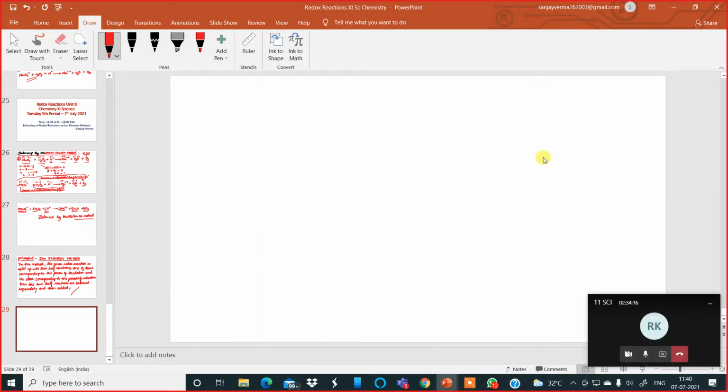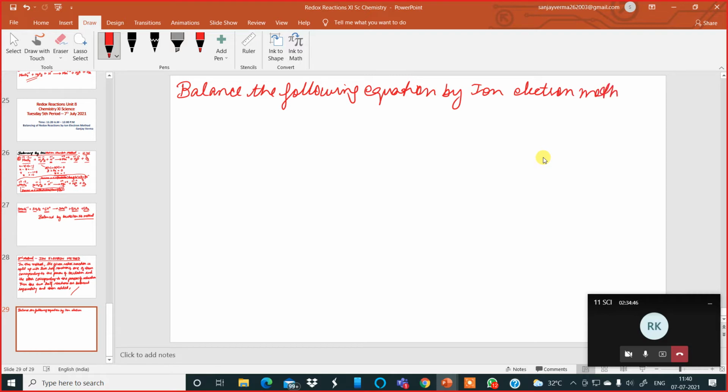Now balance the following equation by ion electron method in acidic medium.